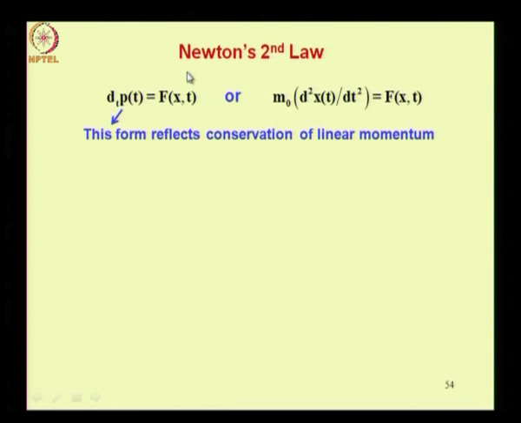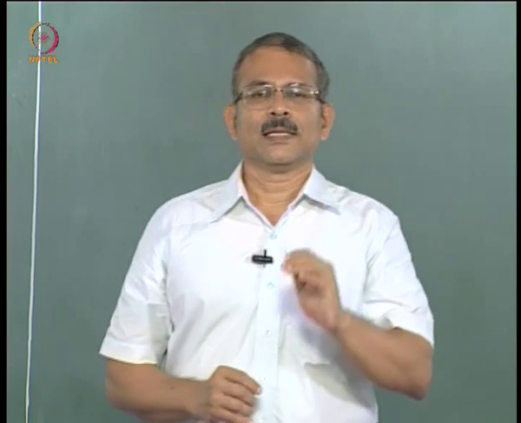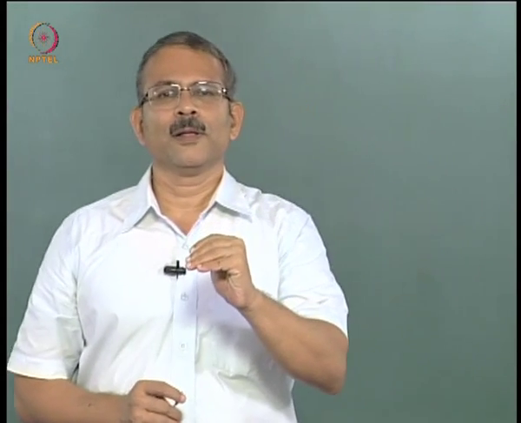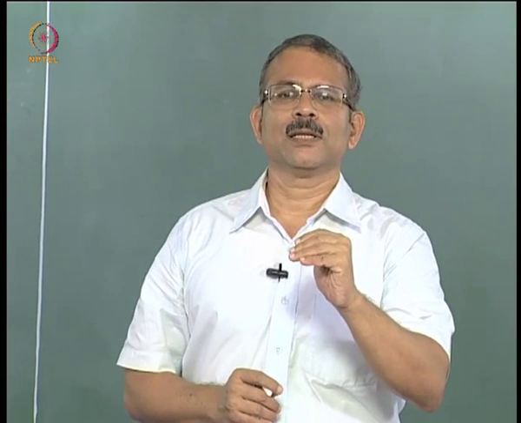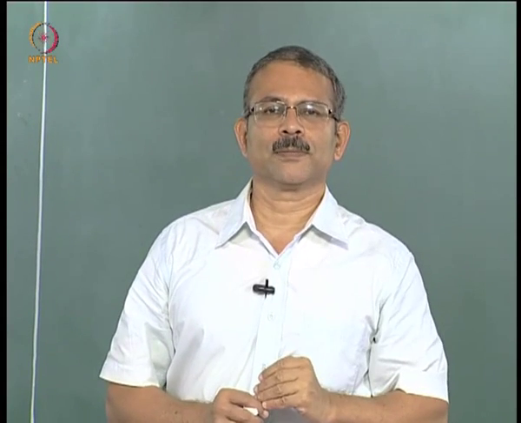So let us look at Newton's second law. It says the rate of change of momentum with respect to time is equal to the impressed force. When you write Newton's second law in this form, it reflects conservation of linear momentum. We have said that our transport equations will all be some form of conservation or balance equations or continuity equations.